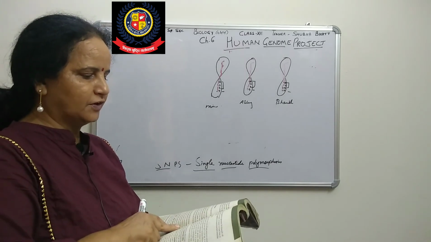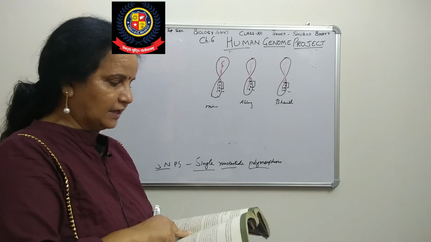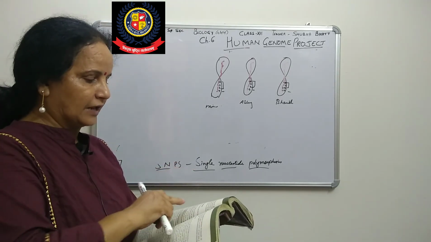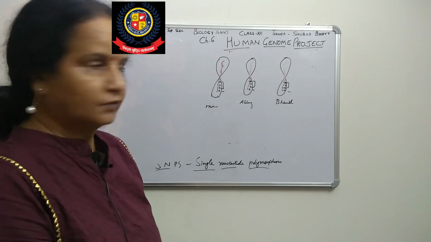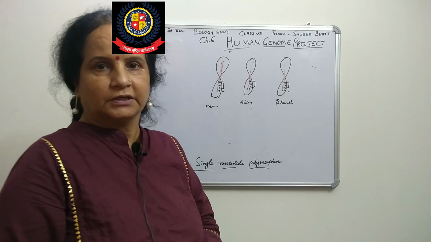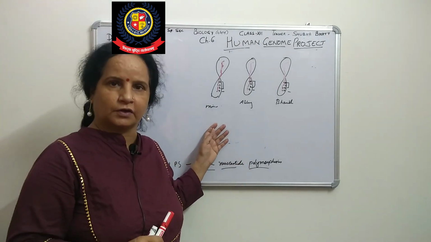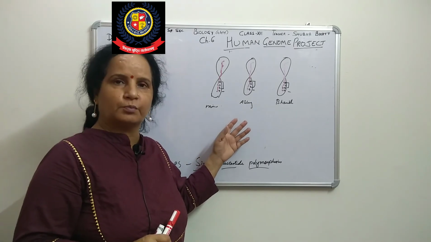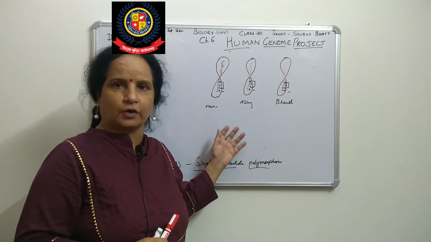The average gene consists of 3000 bases, but the sizes are greatly different, I told that. The largest known human gene in size is dystrophin. Dystrophin is a protein. You know, in class 11th we did disorders of muscular locomotion movement, and there we did muscular dystrophy.